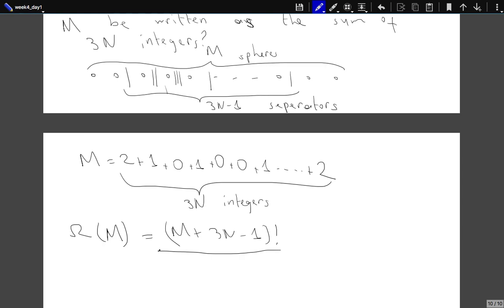I have M of them, so I divide by M factorial. And if I also shuffle the separators among themselves, it doesn't give me a new expression for M in terms of different integers. So I should also divide by 3n minus 1 factorial. This is my Omega of M.